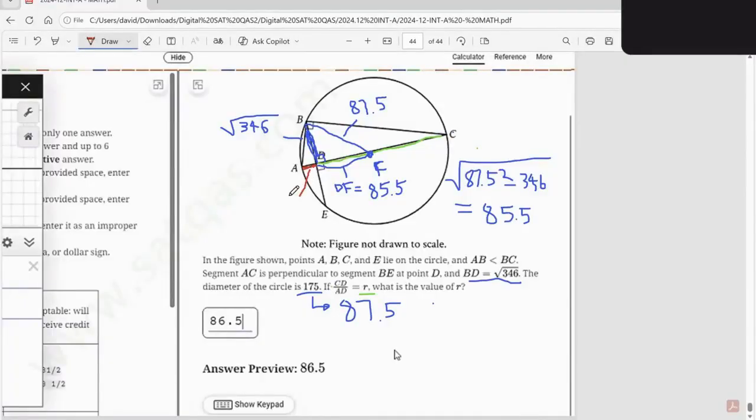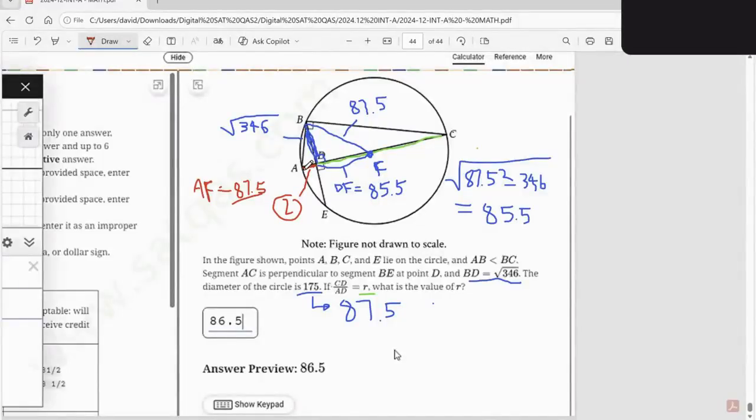It must be equal to 2 because AF, that's equal to the radius. So that's equal to 87.5. So if you just subtract the part from here to here, DF, we'll end up with AD. So basically you have 2 plus 85.5, that gives 87.5, and this is the radius.